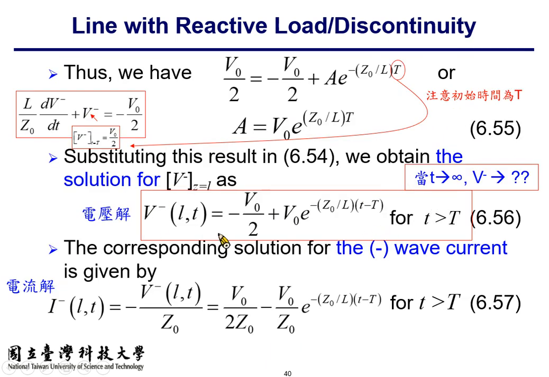And because the V minus signal is a time dependent function, the concept of reflection coefficient, as we mentioned last week, which is defined in terms of V minus over V plus, is not applicable for transient behavior for inductive or capacitive termination.